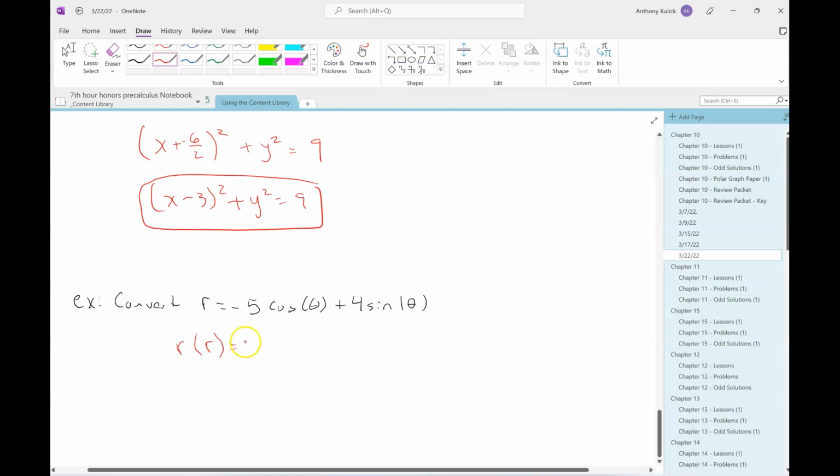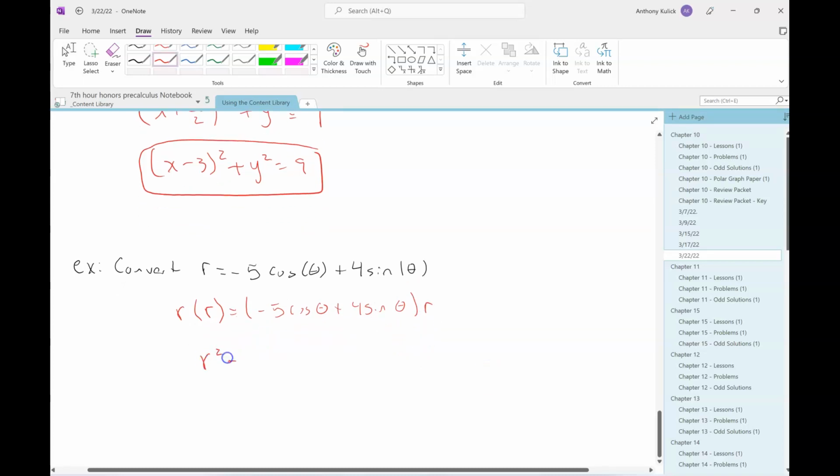Since I know that it's a circle, I know I'm going to need an r squared somewhere. I'm just going to get that r squared by multiplying both sides by r.